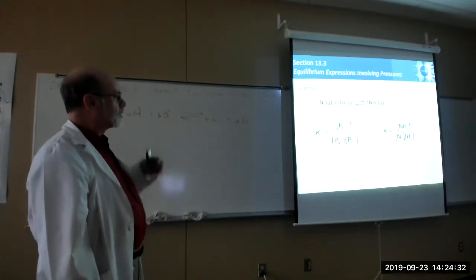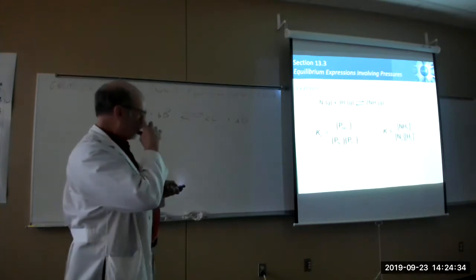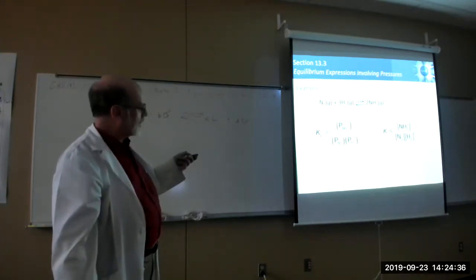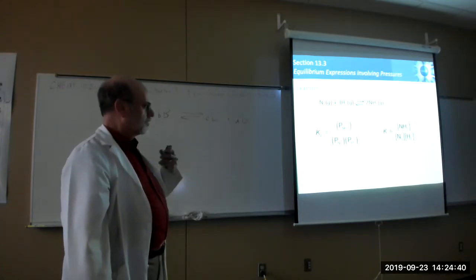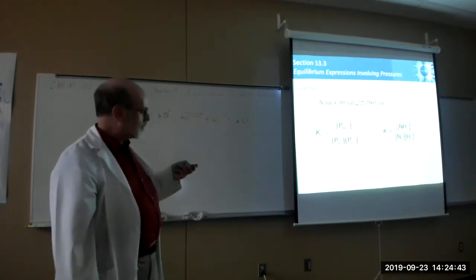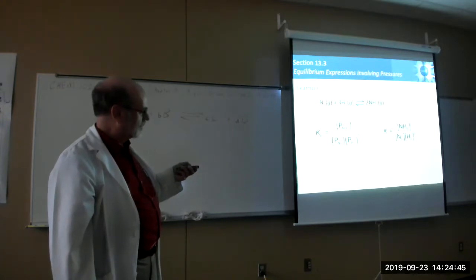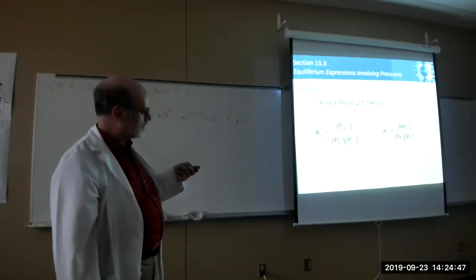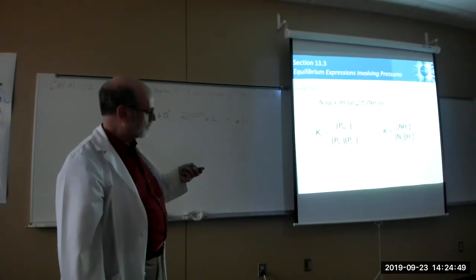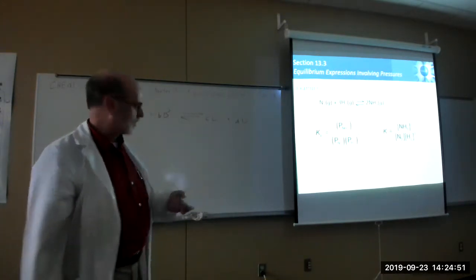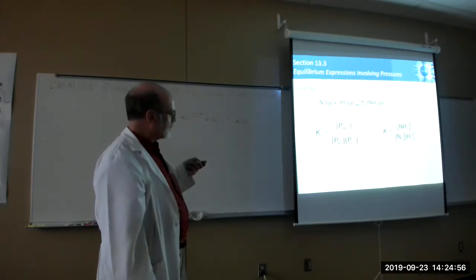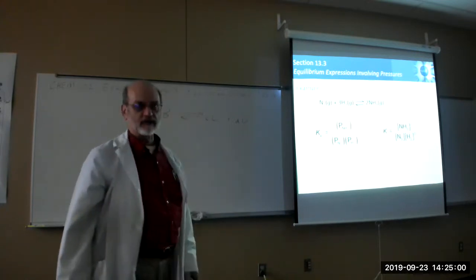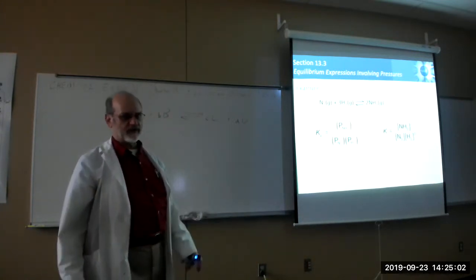This is what the difference would look like for this reaction where you have the nitrogen and the hydrogen making ammonia. If we used molarity, the expression would look like this one, where that would be squared, this would be the first power, and that would be the third power, square brackets. But for this one, the only reason that the parentheses are in here is just to separate the powers from the partial pressure. Sometimes you don't see those parentheses.